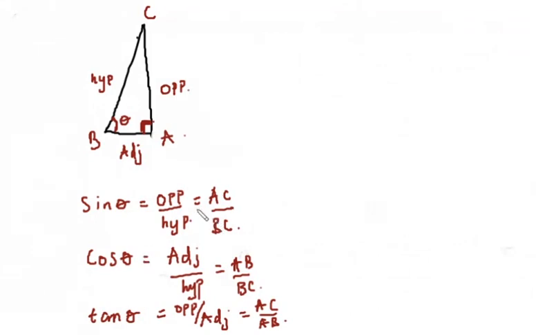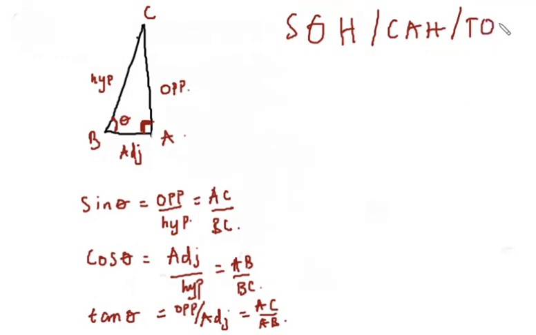To remember how they relate in this triangle, there's a term called SOHCAHTOA. SOHCAHTOA simply states the relationship between each of the trig ratios and the sides of the triangle. SOH: sine relates opposite and hypotenuse.